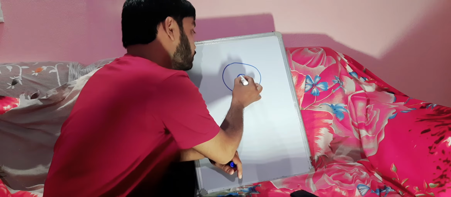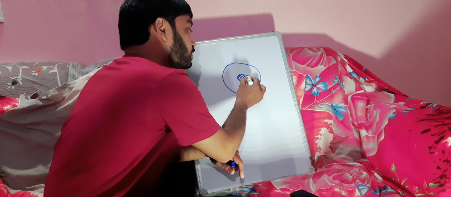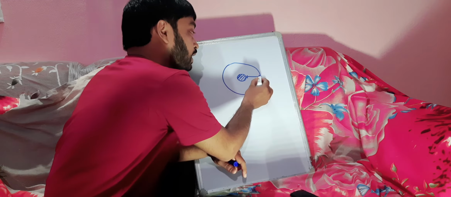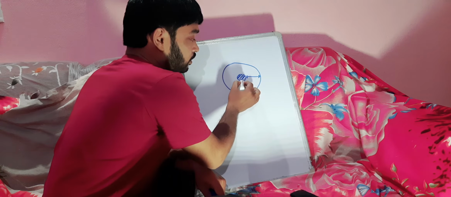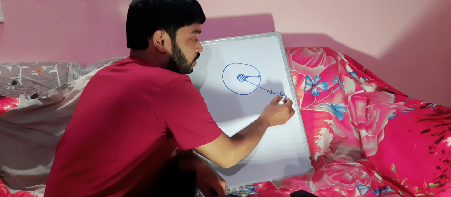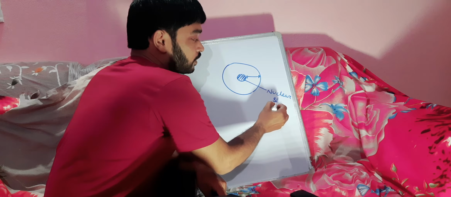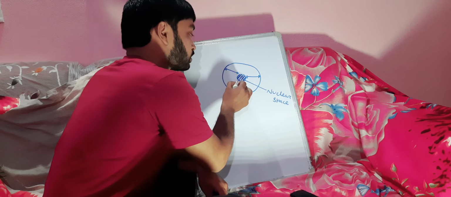Excluding this one part out of 10,000, the rest of the atom is called extranuclear space. This space is called nuclear space, and all the rest is called extranuclear space.